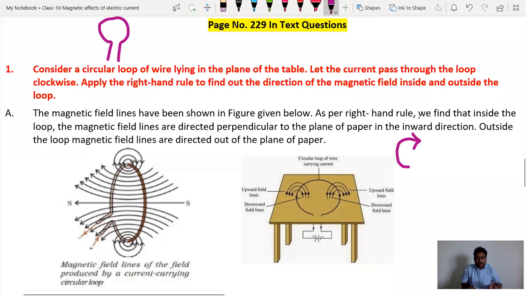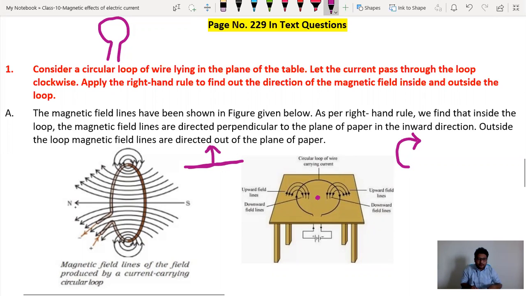As per the right hand rule, we find that inside the loop, the magnetic field lines are directed perpendicular to the plane. What is meant by perpendicular to the plane of paper? This is the middle point of the loop, isn't it? So if this is the plane of the bench, the magnetic field line will be perpendicular, because in the last lecture we discussed that exactly in the middle of the loop, the magnetic field line will be straight, isn't it?